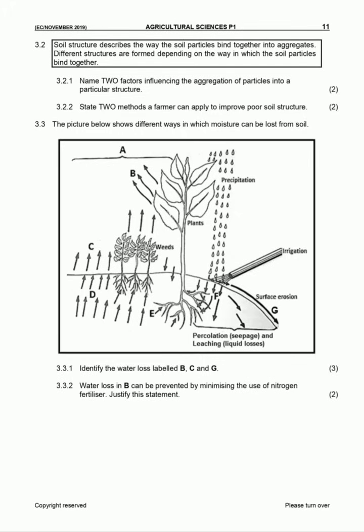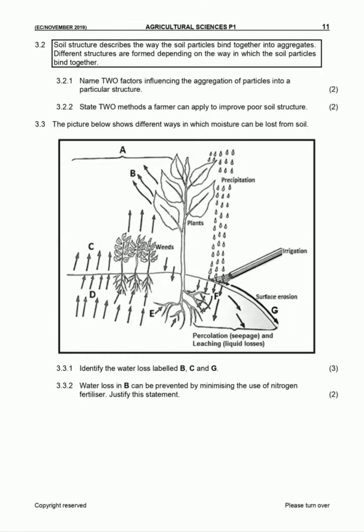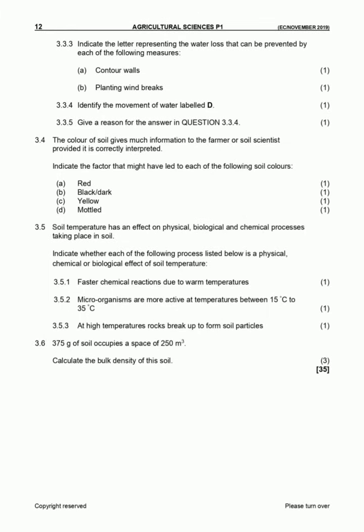And then I want us to move to the last section, the last question in this question 3. So again, you can take a screenshot here and try to answer these questions, but I want us to move to 3.6 because there's a calculation there. 3 marks, very easy 3 marks, guys.